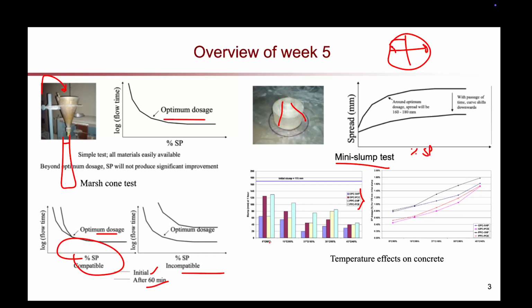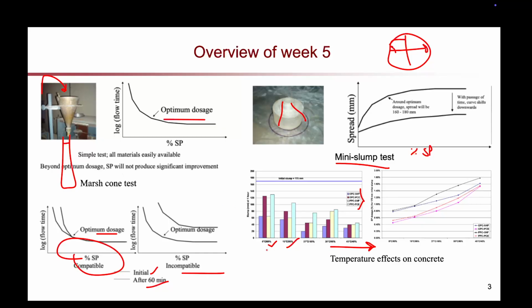So at different temperatures, this is 6 degree Celsius, 15 degree, 27 degree, 35 and 45 degree Celsius, with different percentages. At this percentage, what is your slump value at 1 hour? Based on that, for different types of superplasticizer. If you see in this case, with the change in temperature, your SNF values are changing variably.